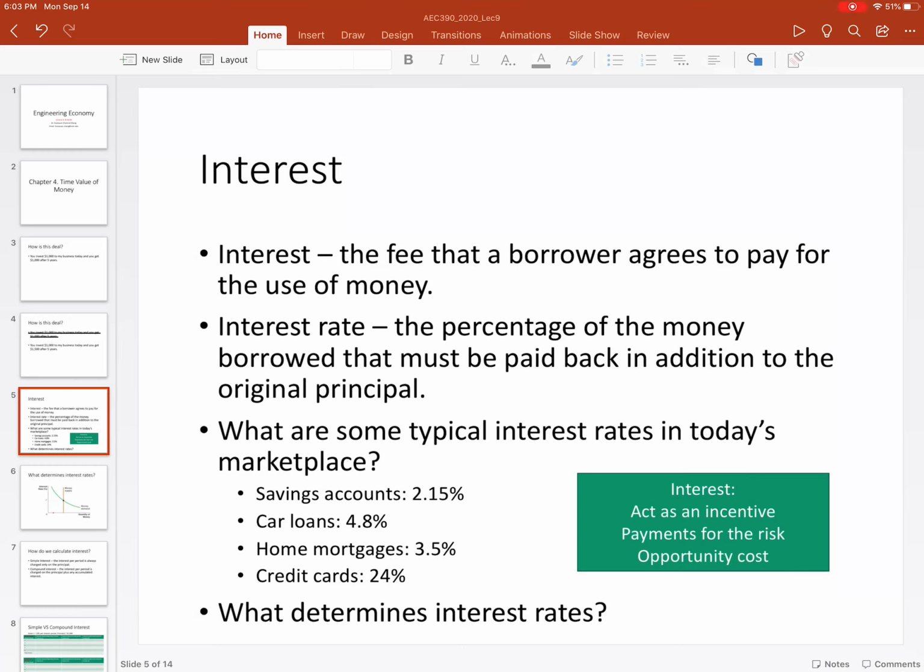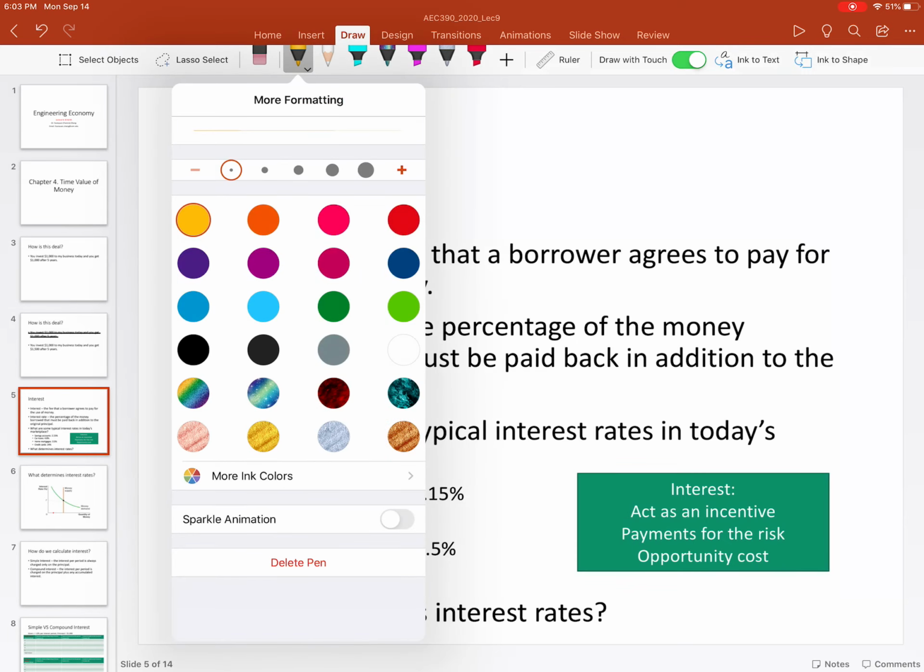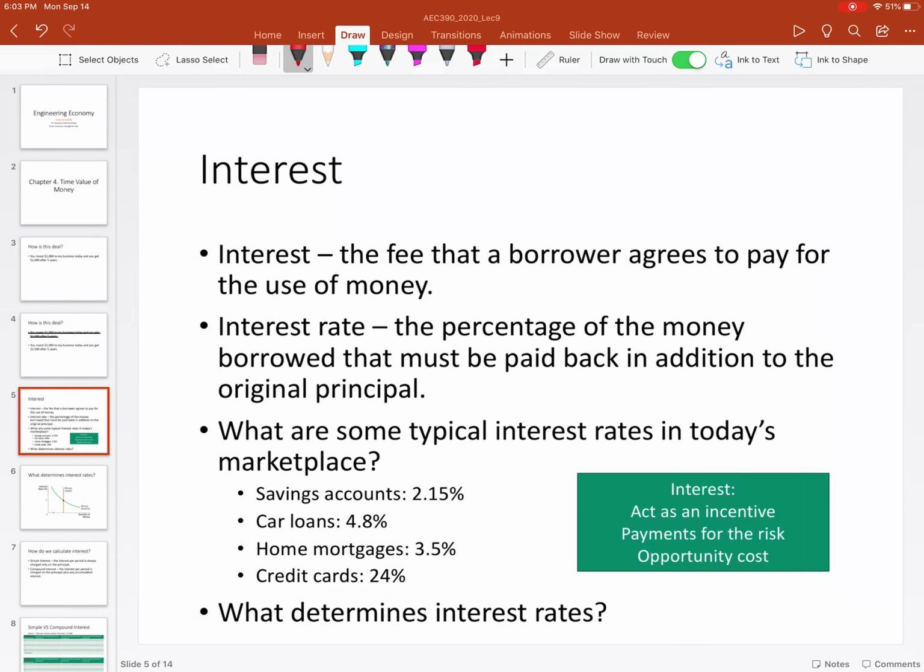So what is interest? Interest is, let me change to a red color. Okay. So interest is the fee. A fee is an amount of US dollars, right?